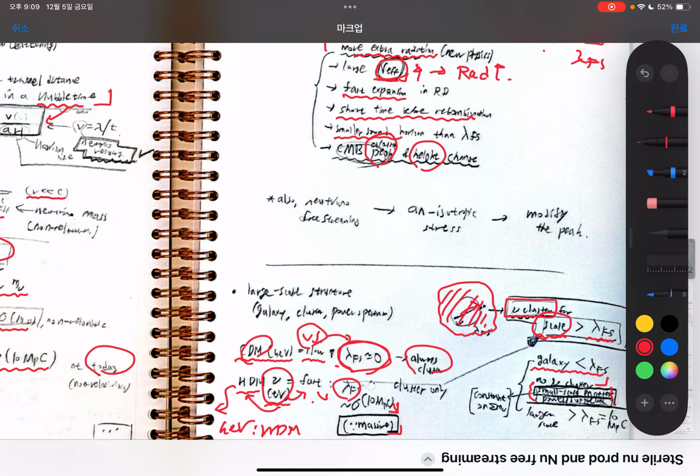But from observation, we know that there are some specific structures at small scales, and this means that we can constrain the neutrino free streaming length. This neutrino free streaming length is strongly correlated with the velocity, and this velocity also depends on the effective neutrino mass.